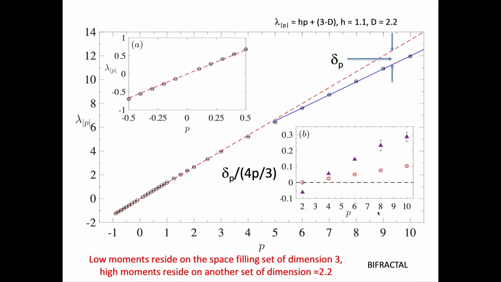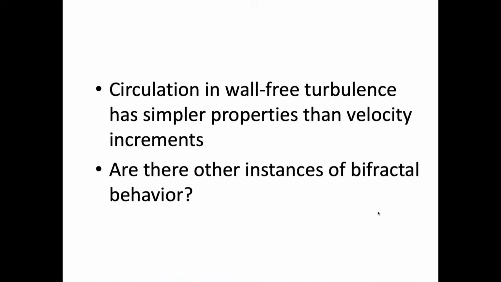So if you're interested in low moments, you don't need to worry about all the intermittency and all this stuff. But if you want to consider high moments, it is this, and it is much simpler than anything that velocity differences actually possess. So the conclusion so far is that circulation in wall-free turbulence has simpler properties than velocity increments.